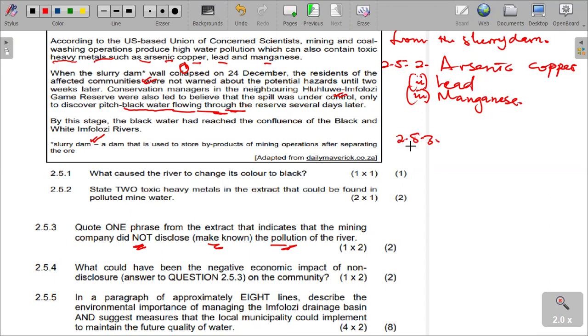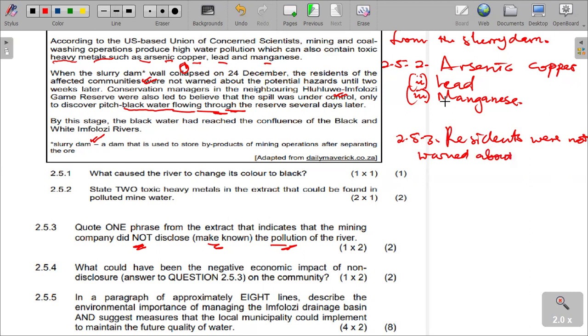So 2.5.3: residents of the affected communities were not warned about potential hazards.